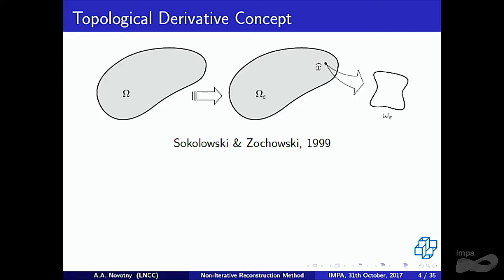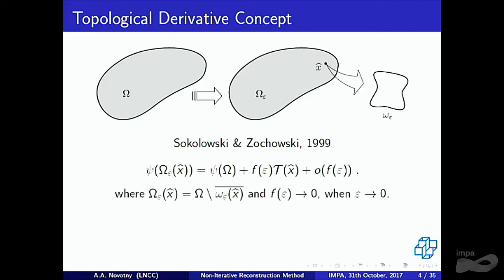Given the original domain omega, we will choose some arbitrary point of omega denoted by x hat, and the idea is to introduce some singular perturbation at this point. Here, in the example, we have a hole. This hole is denoted by small omega. Epsilon is the small parameter governing the size of this singular perturbation.